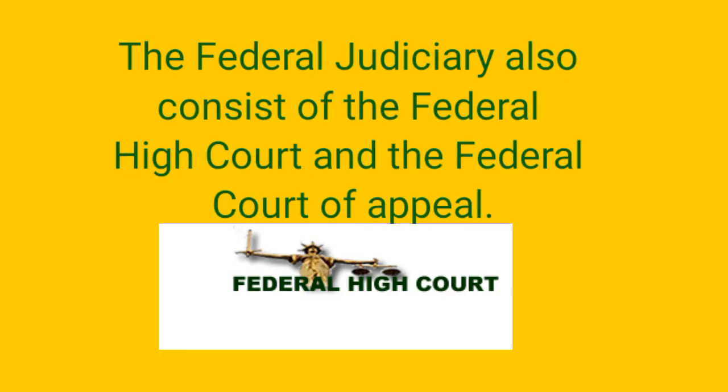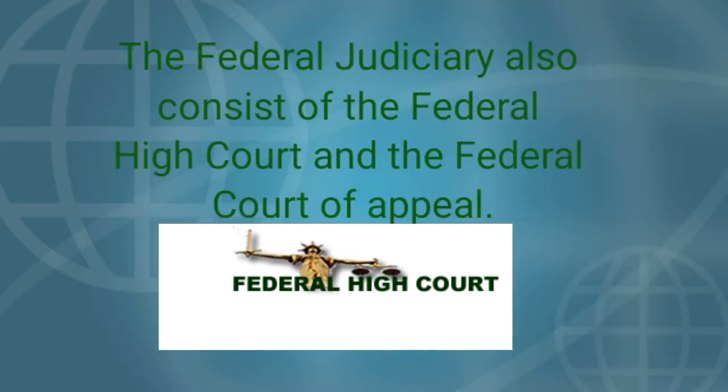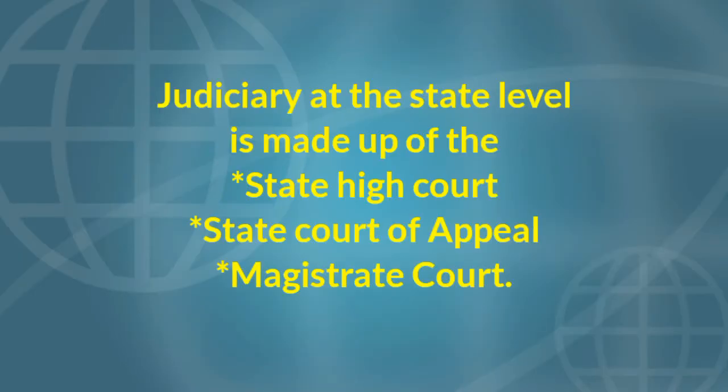Okay, the Federal Judiciary also consists of the Federal High Court and the Federal Court of Appeal. So the courts at the federal level are the Supreme Court, the High Court, and the Court of Appeal. Now, the judiciary at the state level consists of the State High Court, the State Court of Appeal, and the Magistrate Court.